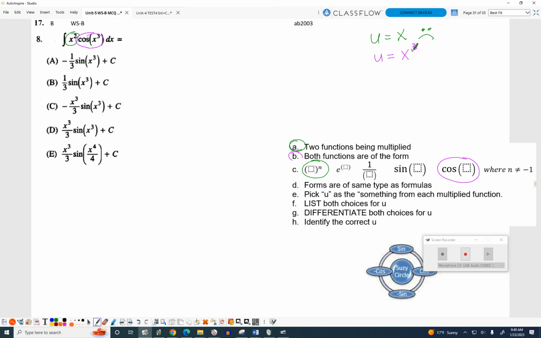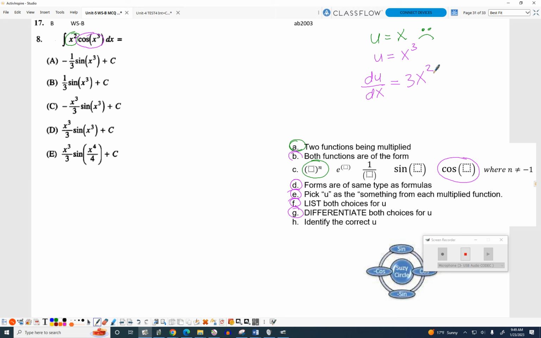So go to Mary. We're working our way down the list here. We've done all of this right here. Differentiate both choices. So we go du dx. And Mary, what would the derivative of x cubed be? 3x squared. So Mary, 3 we can ignore because it's a multiplying constant.